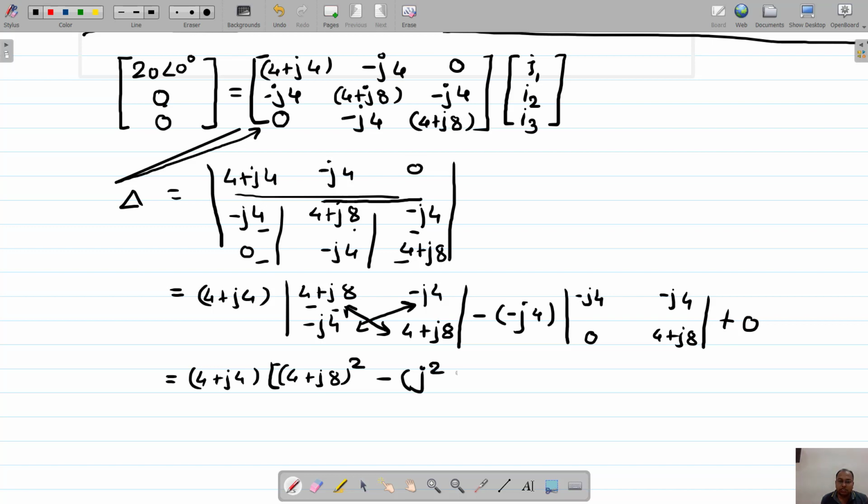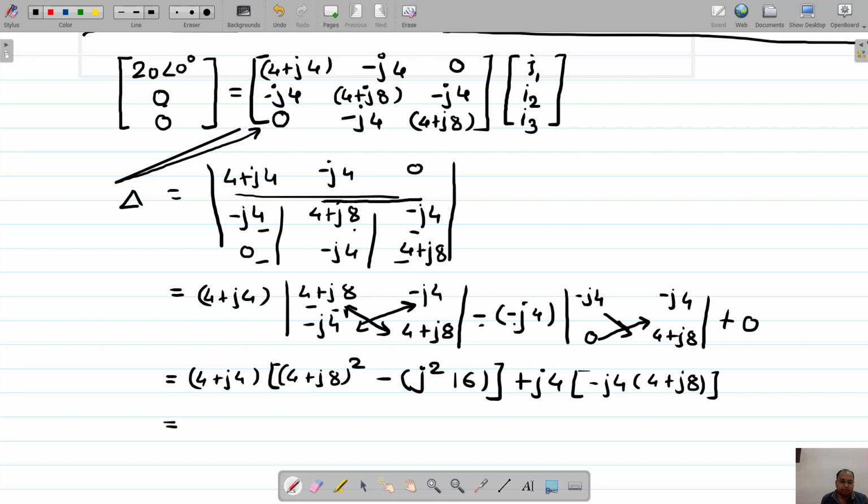This minus and this minus is going to become plus, so let me write it as j4 into this bracket. Only this multiplication is possible because the other is going to result in 0. So let me write it as minus j4 into 4 plus j8. Is that fine? Okay, great.